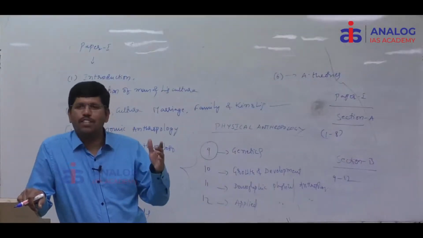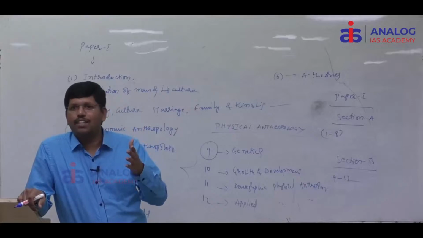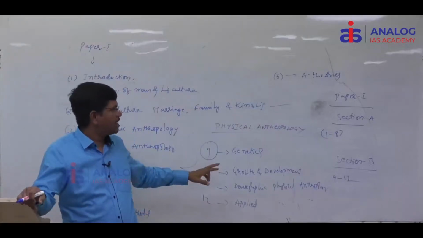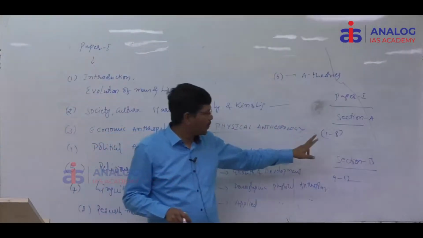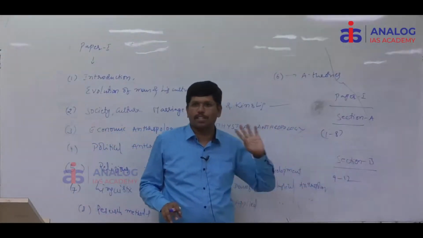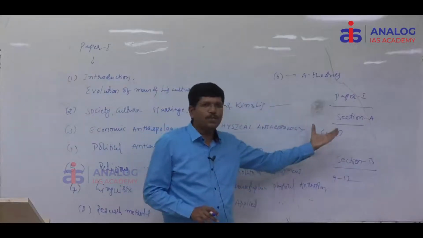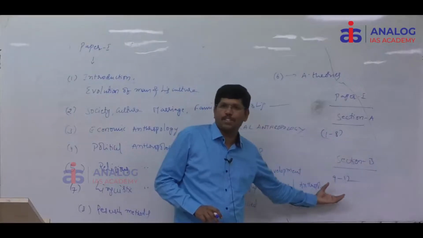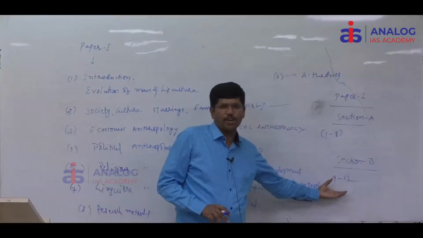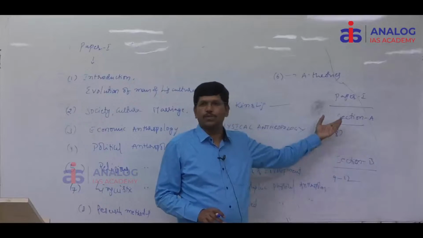That's why most of the time the successful candidates wrote 3 questions from section B and 2 questions from section A. I told you in the beginning, ultimately you have to write 2 questions from one section and 3 from another. If you know socio-cultural anthropology well, you write 3 from it and 2 from the other; if you know physical anthropology well, you write 3 from it and 2 from the other.